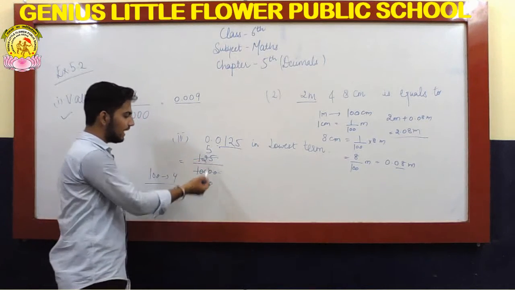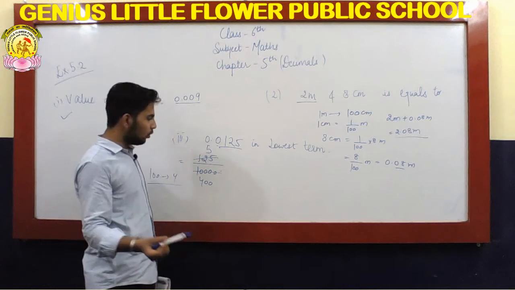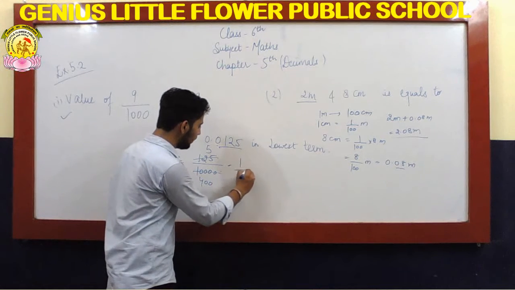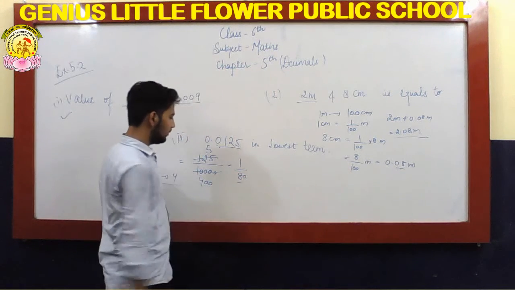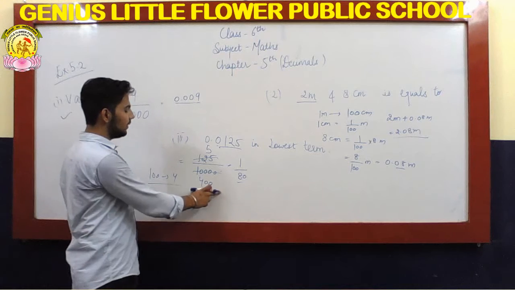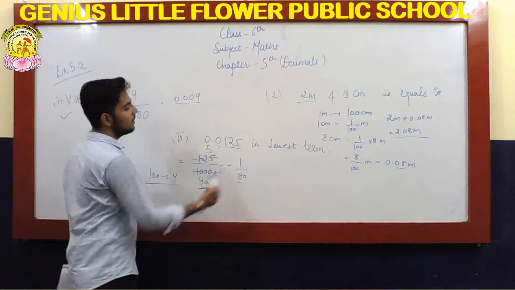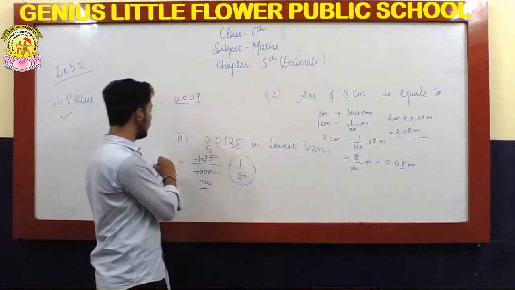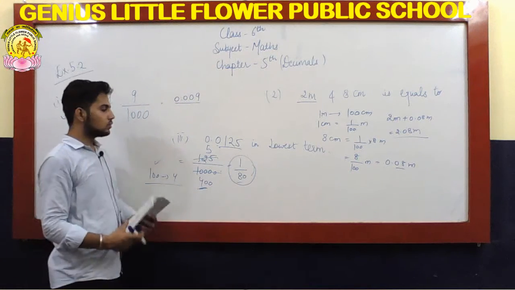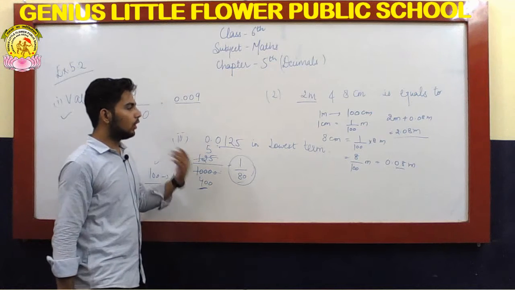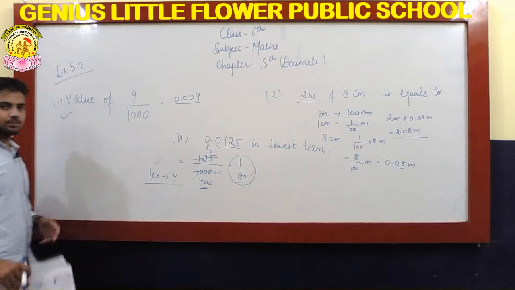Now you can see 5 and 400 can be cancelled more. So what do we get? 1 by 80. Exactly right. As 5 is divisible by 5, and 5 eights are 40, we get 1 by 80. This is the lowest term. This can't be divided further. So we have to calculate just this much. Now we are going to do our next questions.